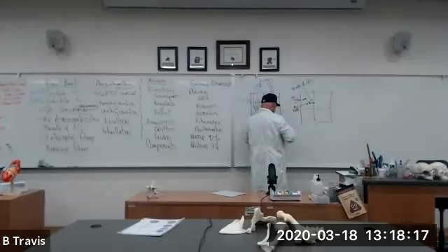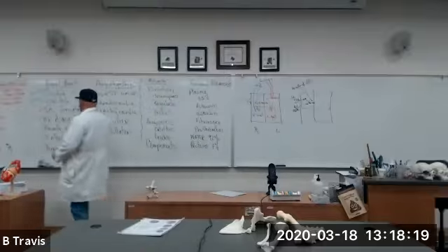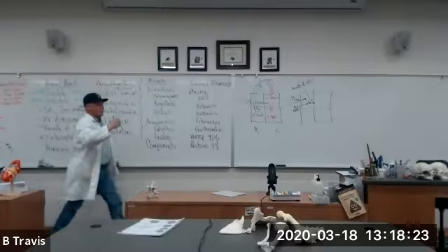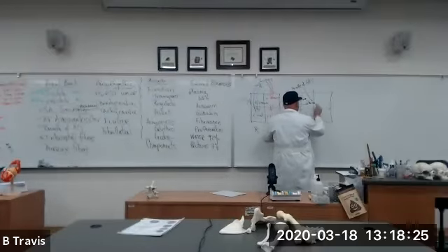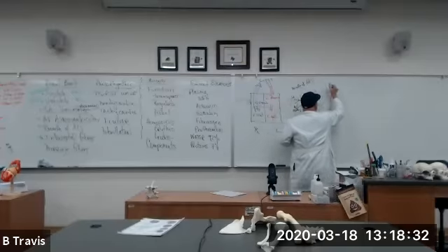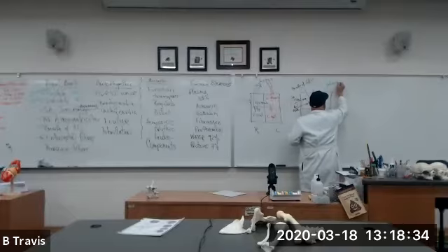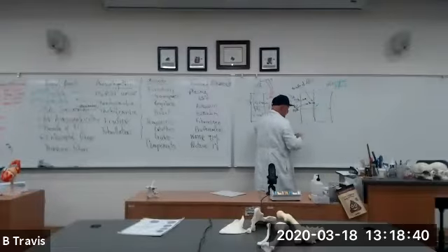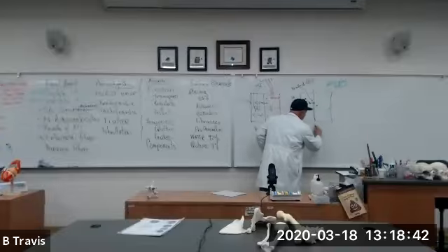Then the next, here's where I am, bundle of His. Now the interseptal fibers. Think of septal as septum. So this is interseptal fibers. That takes us all the way down to our apex. Remember the point of the heart, apex?